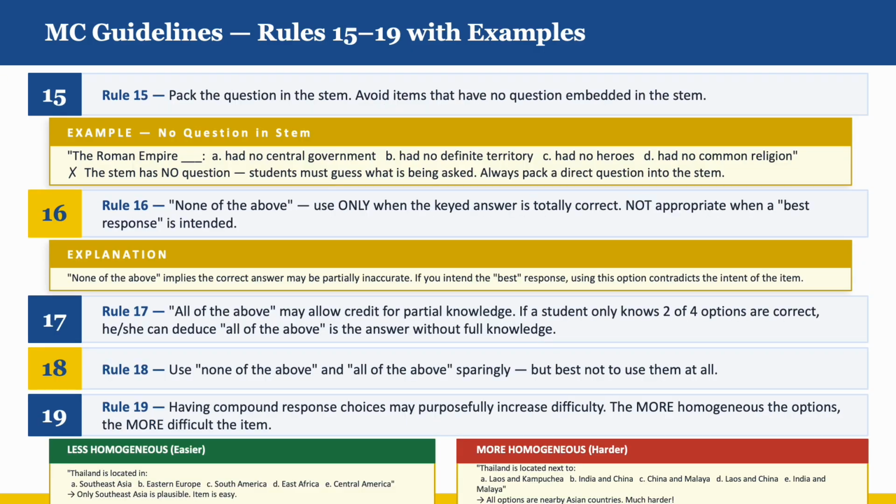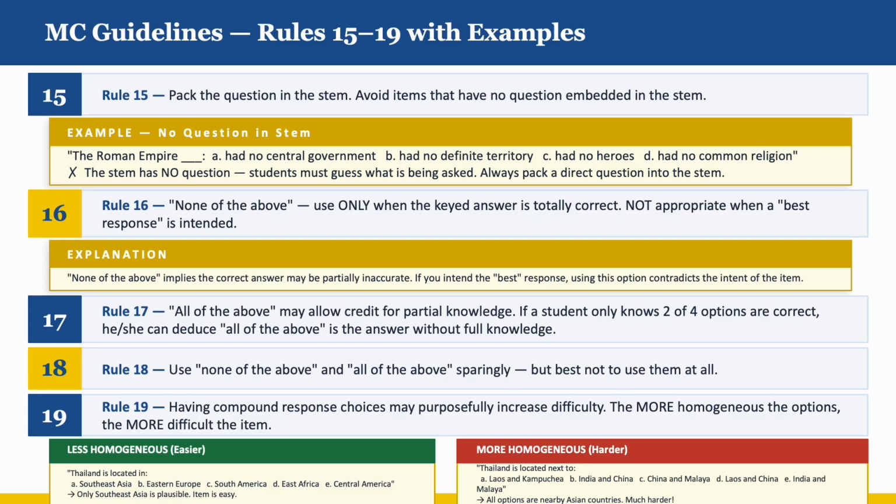Rule number 15: Pack the question into the stem. So every stem should contain a clear answerable question. Look at this bad example. The Roman Empire blank. A. Had no central government. B. Had no definite territory. C. Had no heroes. D. Had no common religion.